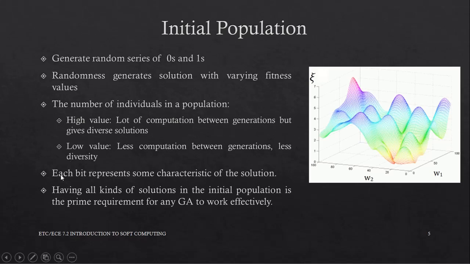The entire working of GA tries to generate different combinations of these characteristics. If some characteristics that may be very good for the solution are completely missing from the population, optimization will suffer. Therefore, having all kinds of solutions in the initial population is very important for a genetic algorithm to work effectively.